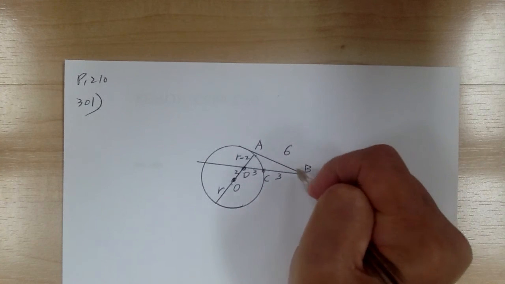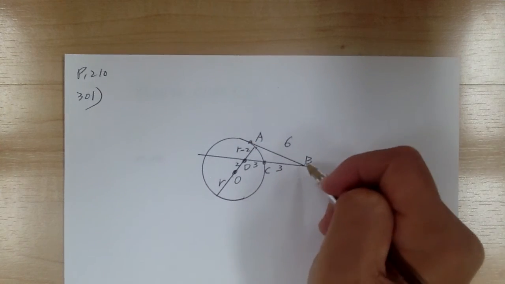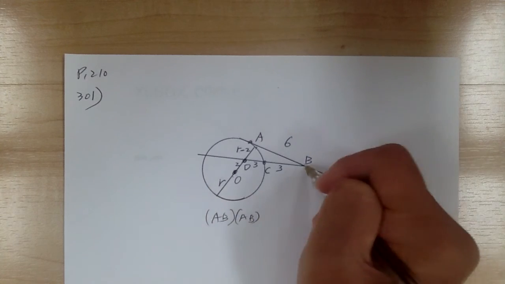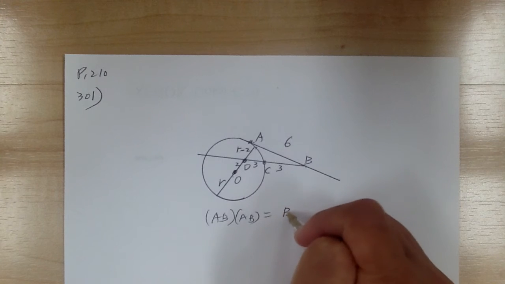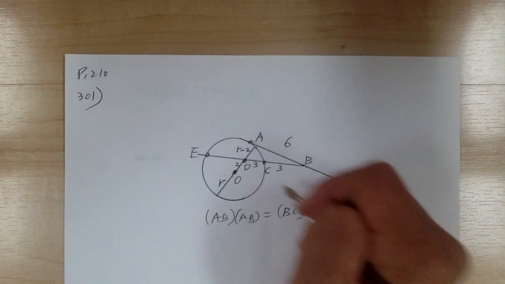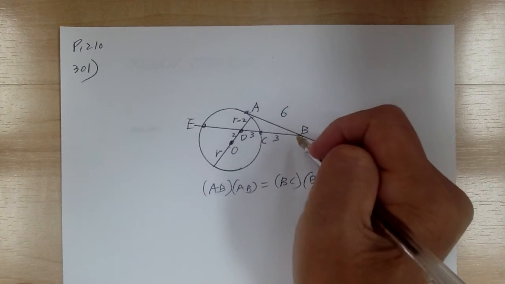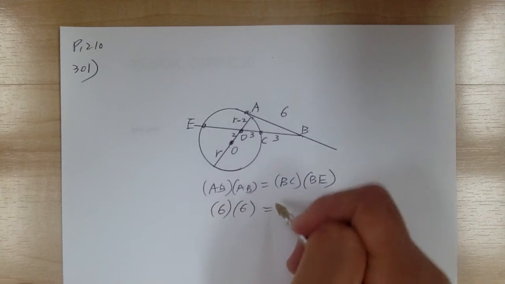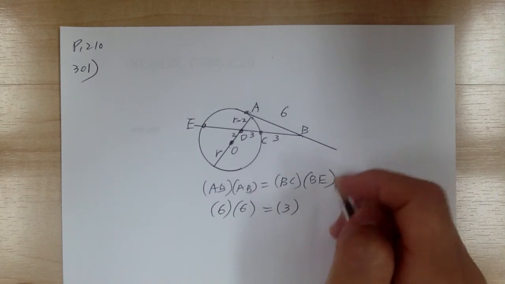Okay, so we can apply the point to circle formula. You have AB to AB, so point to circle equals point to circle, that BC times the point to this circle here, which we're going to call E. So 6 times 6 equals BC, which is 3, times BE.